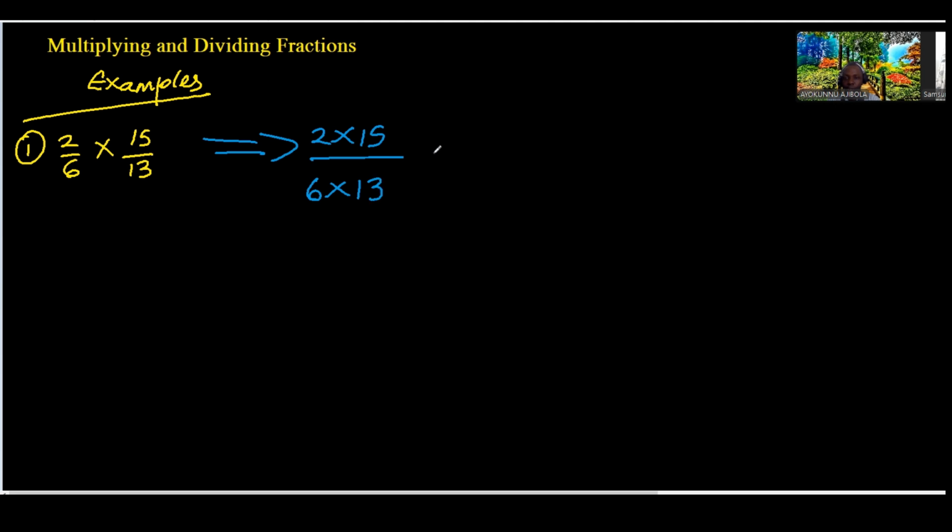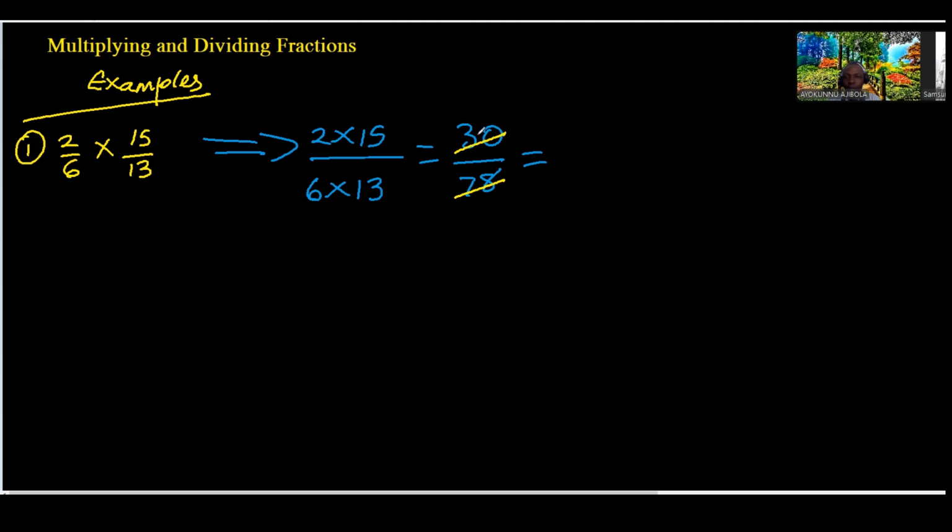That gives me 30, and 6 times 13 should be 78. If 6 times 12 is 72, then you just add another 6 and get 78. So instead of having this big number, I will have to divide again to reduce to lowest form. Is that clear?